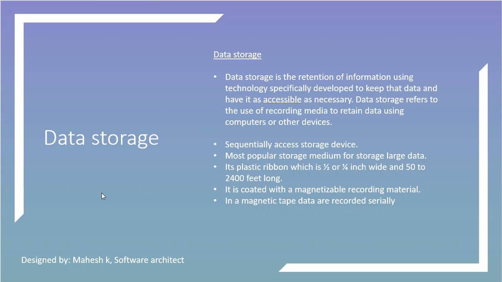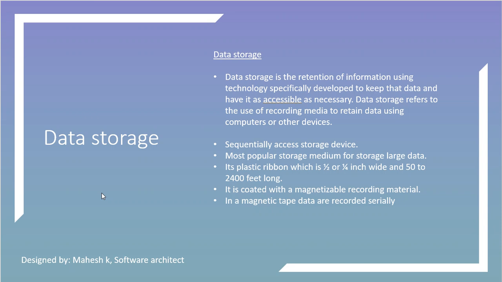So sequential access storage device. We have a few devices in which we are going to store the data, and those are sequential access storage devices. Most popular storage medium for storage of large data. It's a plastic ribbon which is 1/2 and 1/4 wide and 50 to 24 feet long.